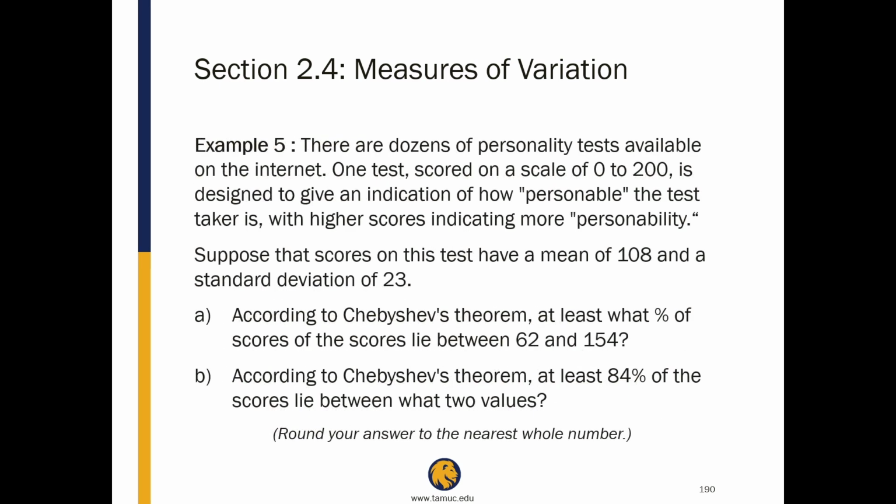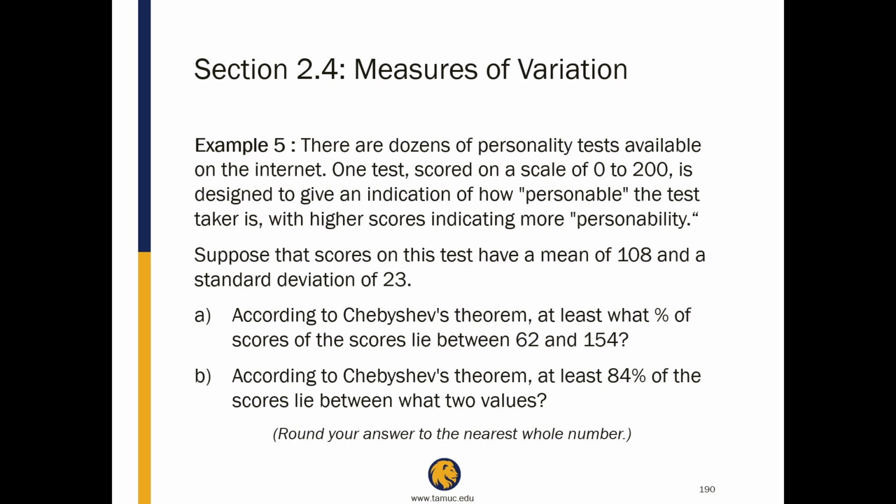So let's use Chebyshev's theorem to do some calculations on a particular scenario. It says there are dozens of personality tests available on the internet. One test, scored on a scale of 0 to 200, is designed to give an indication of how, quote, personable the test taker is, with higher scores indicating more personability.